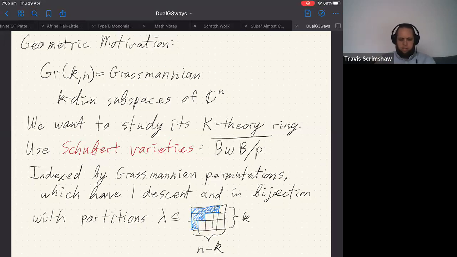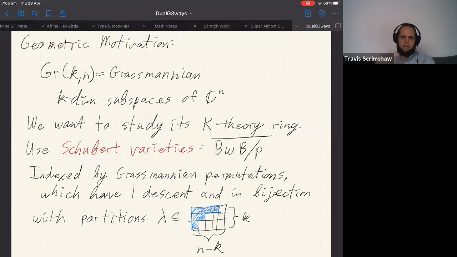Studying the geometry is actually kind of difficult. There are different kinds of singularities that can occur, and doing the geometry natively is just a little tricky.